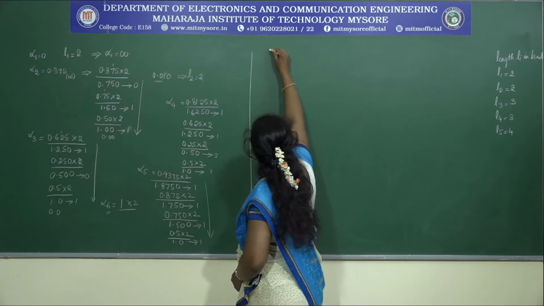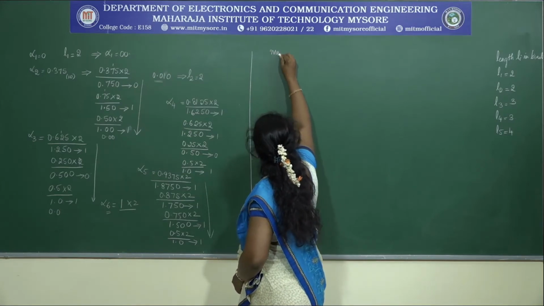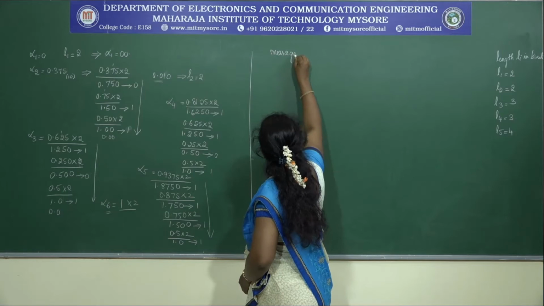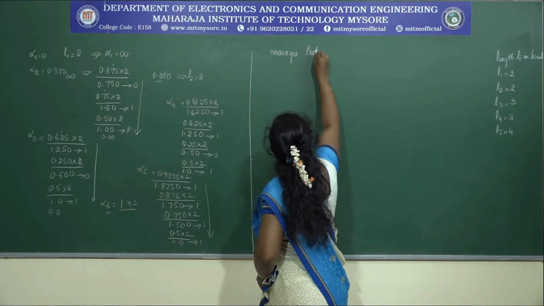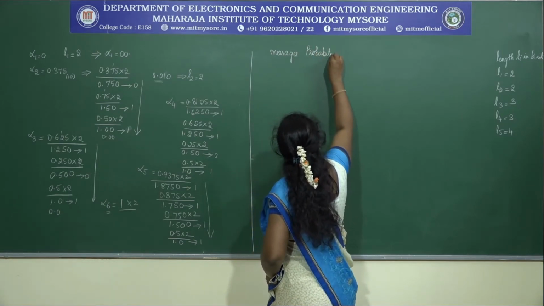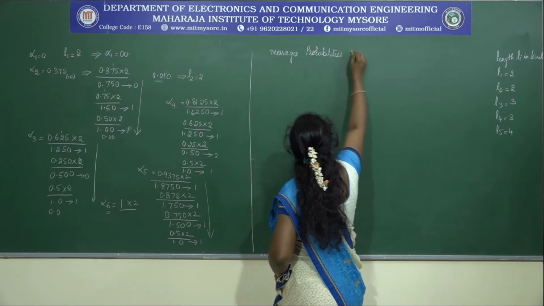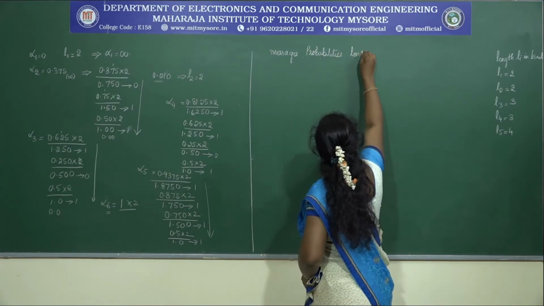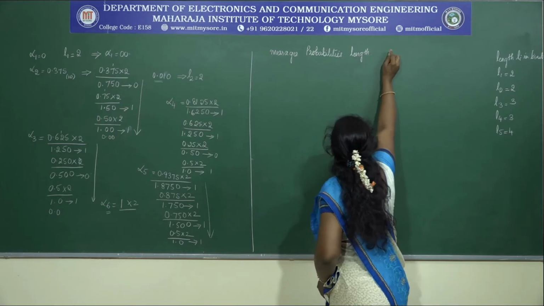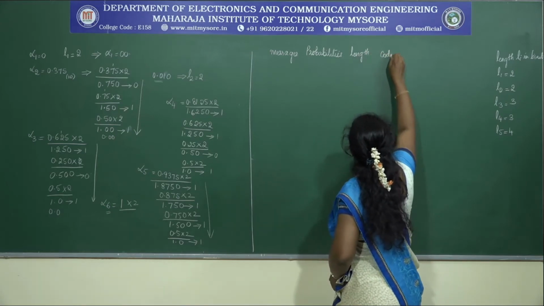a table, where we have the messages, then the probabilities, then the length, then the corresponding code word.